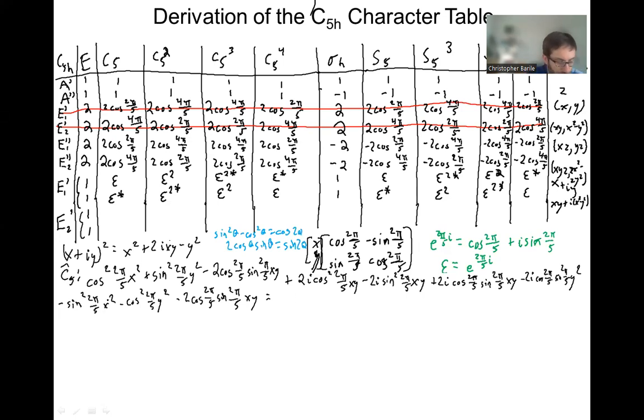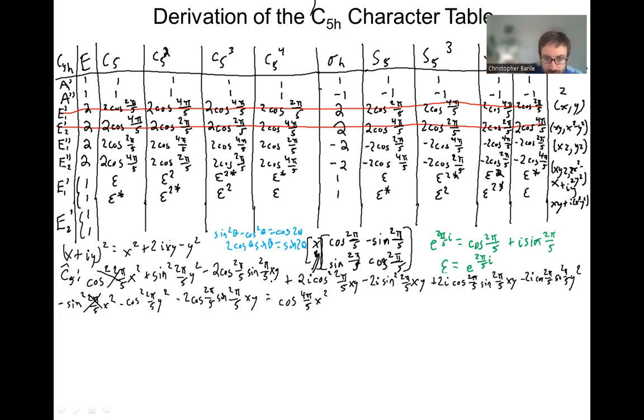Our first terms that we can see here are cosine squared 2 pi over 5 x squared. And if we look for the other x squared term, it comes right here. So these two terms I'm going to cross out, and they can be simplified using this relationship to just cosine 4 pi over 5 x squared.